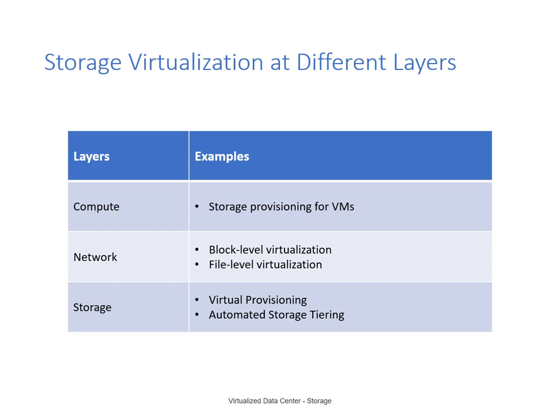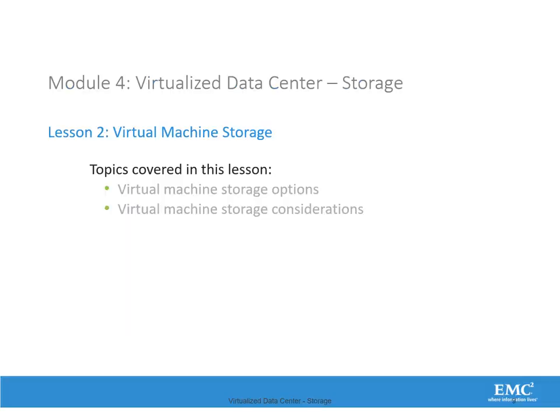Block and file level virtualization are network-based virtualization techniques which embed intelligence of virtualizing storage resources at network layer. At storage layer, both virtual provisioning and automated storage tiering simplify the storage management and help to optimize the storage infrastructure. You will learn about each of these concepts later in this module.